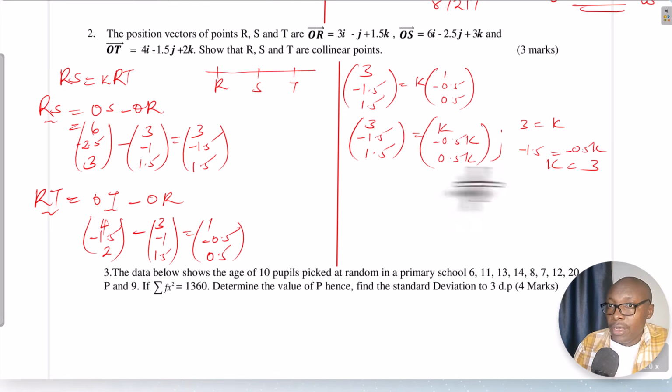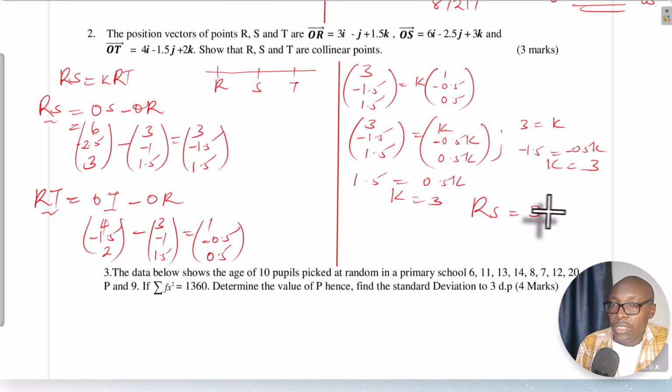And then the last row, 1.5 is equal to 0.5k, so k is equal to 3. For all these corresponding elements, you get k equal to 3. Therefore RS is equal to k, which is 3, times RT.